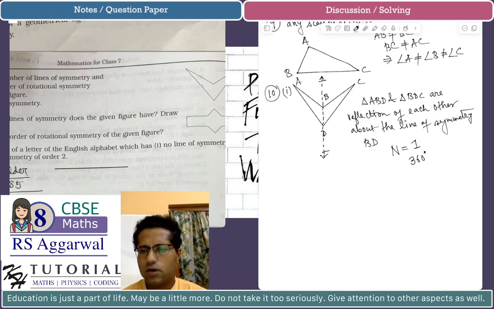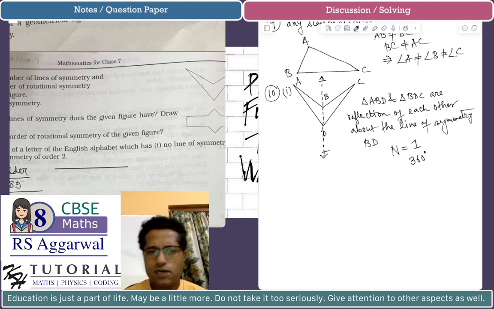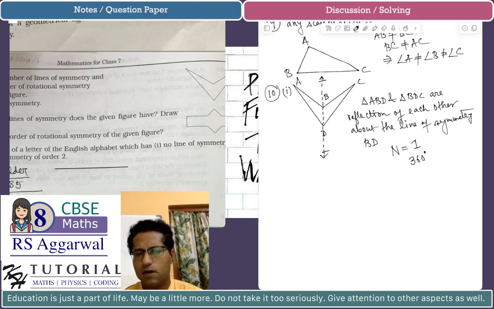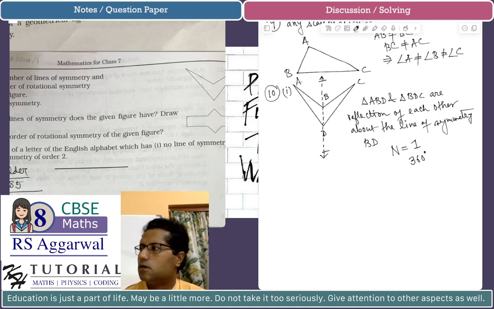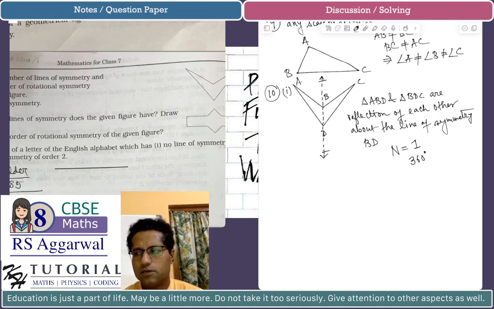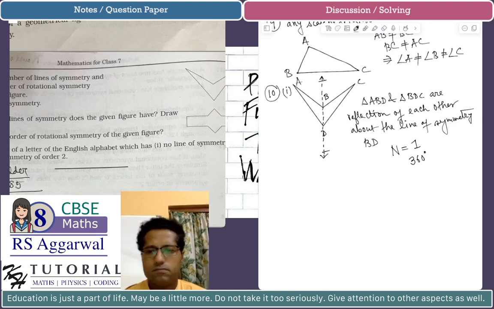This figure does not have any rotational symmetry, but it is asking the order of rotational symmetry. Now my question is, if a figure does not have rotational symmetry, is its order 0, or what?